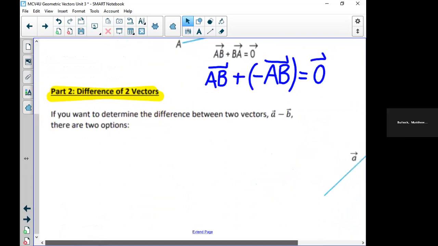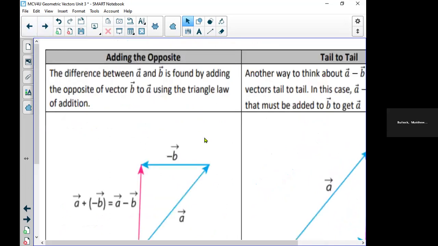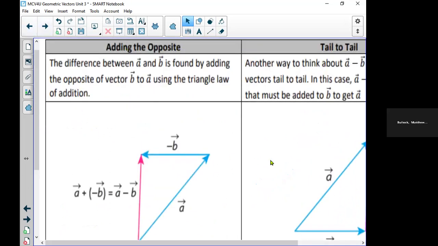Okay, so let's say we've done the sum of vectors and found our zero vector. To do the difference of vectors, so let's say we're subtracting them, we have two options again, just like when we were doing summation. One thing you can try is what's called adding the opposite. The difference between those two vectors can be found by adding the opposite of vector B to vector A using the triangle law of addition.